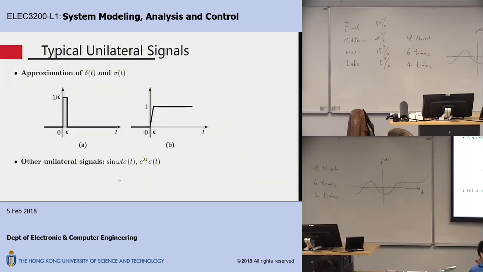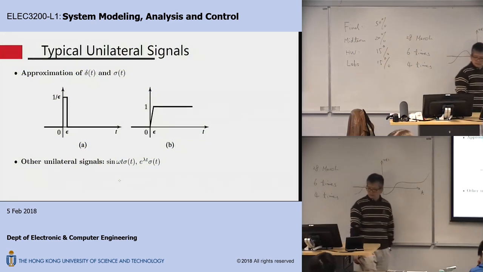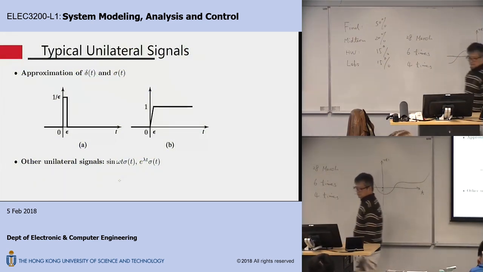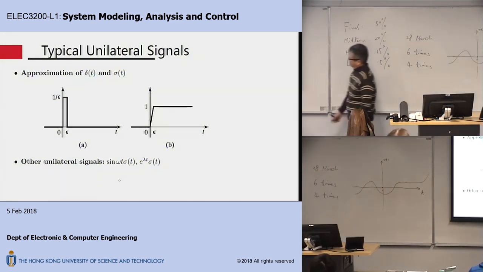Okay. When epsilon becomes smaller, you get a better approximation. So that's the whole idea here. You can always think of this delta function in this way.